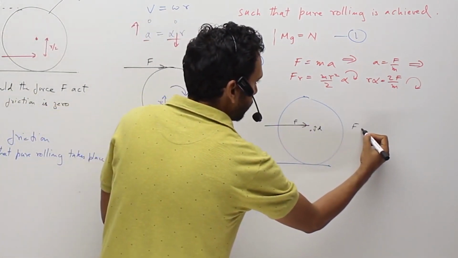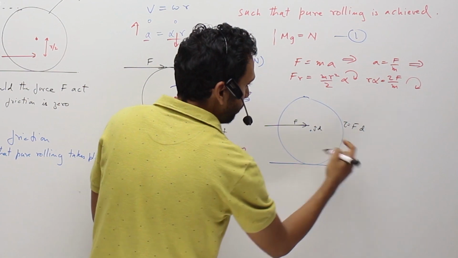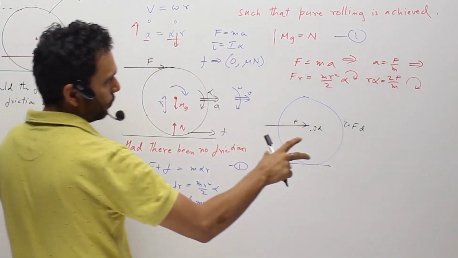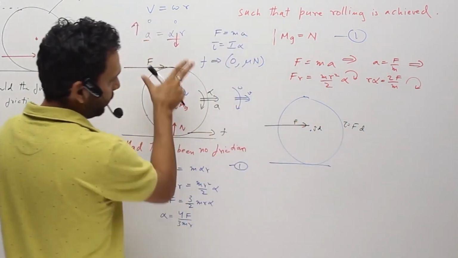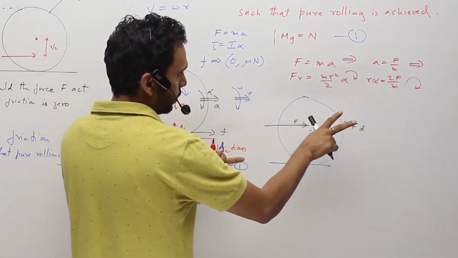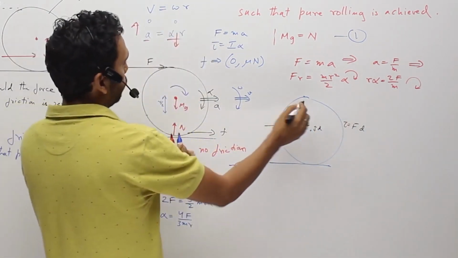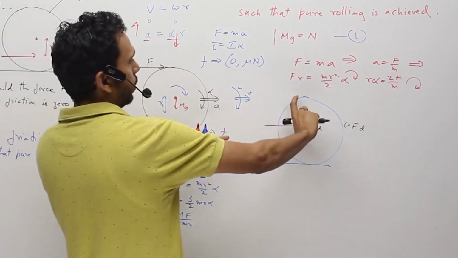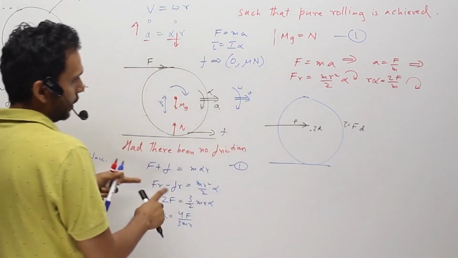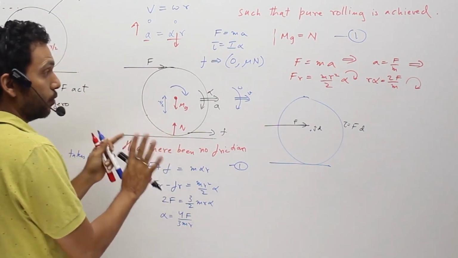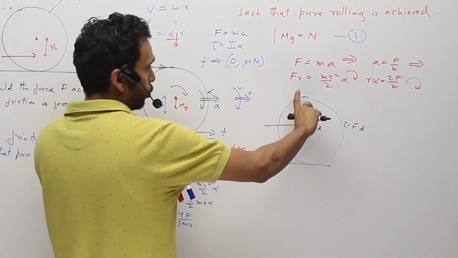So FD torque will be too less to create enough alpha, because F is the same F as earlier, so it will have a certain acceleration. When F was right on the top, then the torque, FD torque was too much. But for a ring, it was just enough. For a disc, it was too much.